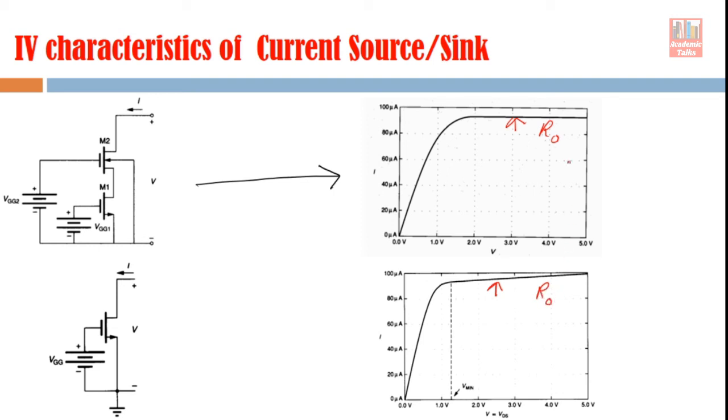Let us say this is with feedback. So, I am writing it, output resistance with feedback. You can see here the output resistance with feedback is much larger than the output resistance without feedback, right, because the curves are more flat here, flat curve.